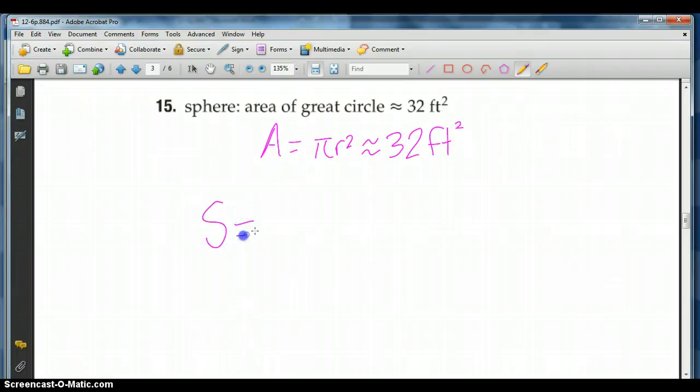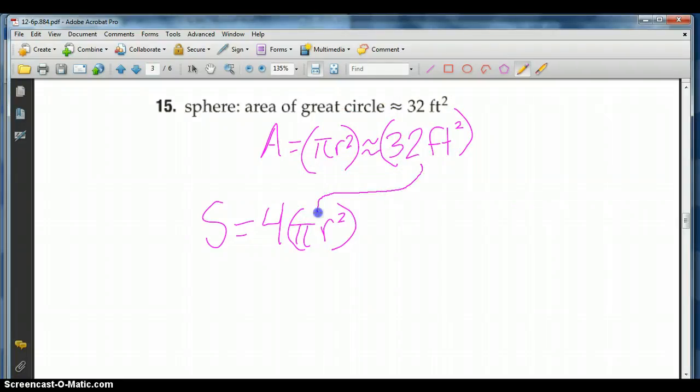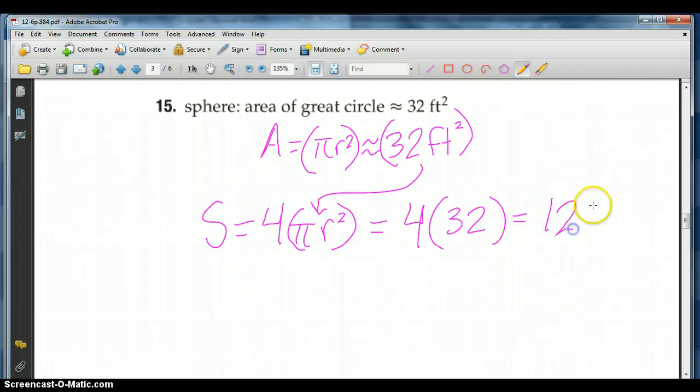Surface area of the sphere is 4 pi r squared. So pi r squared here, we can substitute 32 in 4 pi r squared, and our surface area becomes 4 times 32, or 128, square feet.